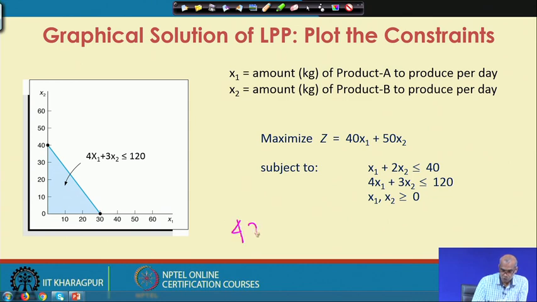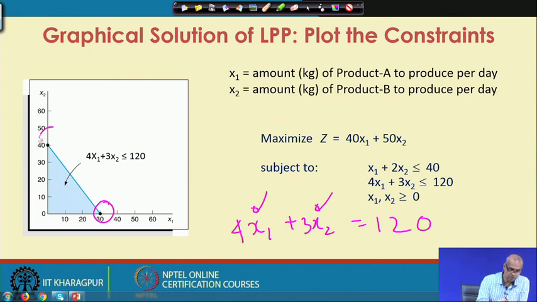Consider 4x1 plus 3x2 equal to 120. So, if I put x2 equal to 0, x1 equal to 30. Similarly, if I put x1 equal to 0, x2 equal to 40, 3 into 40 is 120.